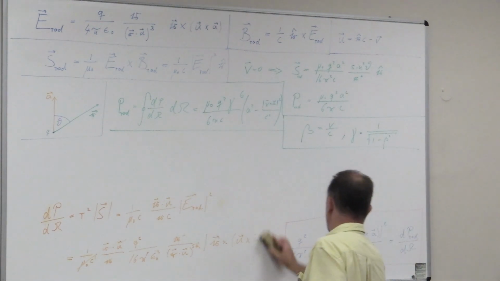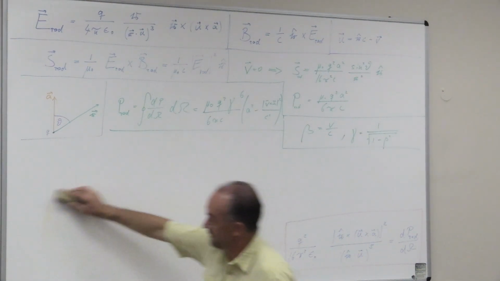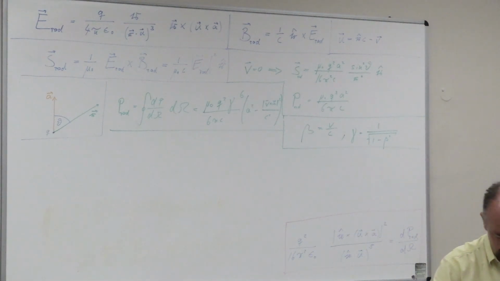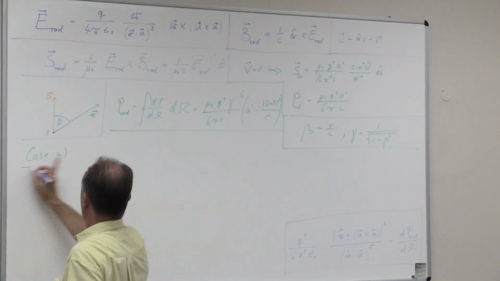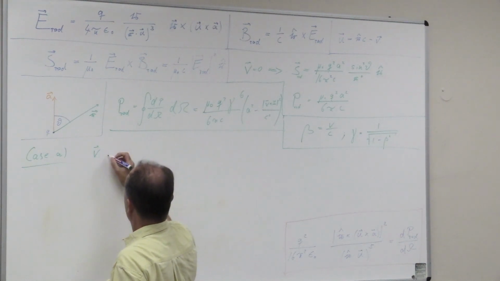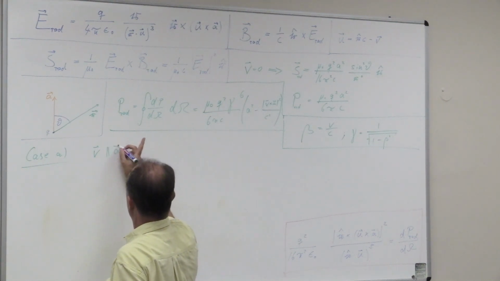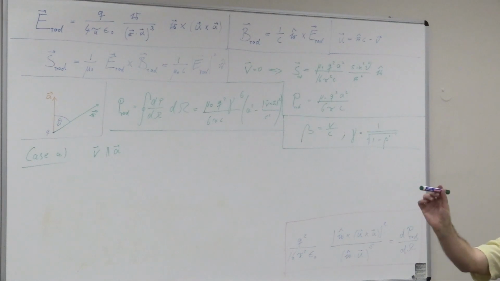Okay. Now let's see what that means for some special cases. The first case that the book discusses as well would be special case A, let's call that, where the velocity is in the same direction as the acceleration. Meaning it's simply linear acceleration or deceleration as well.